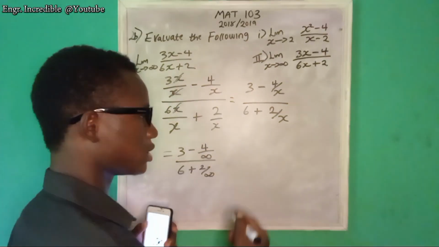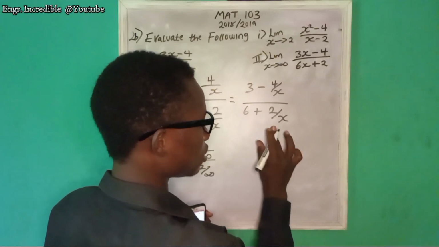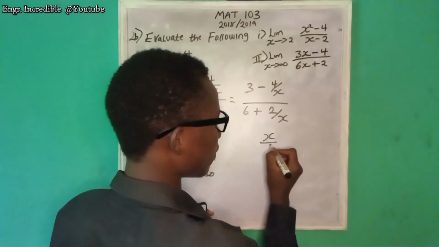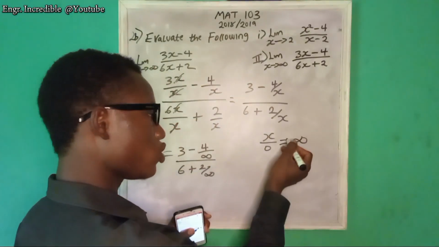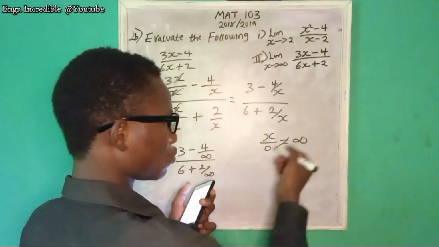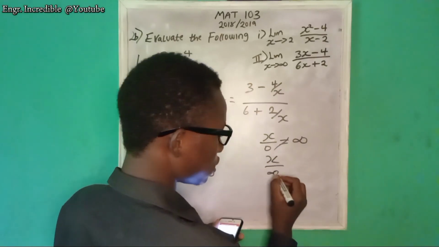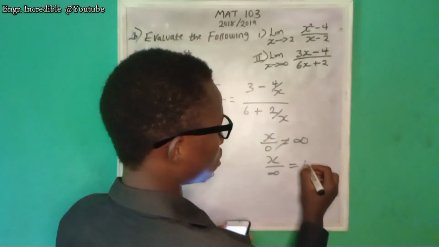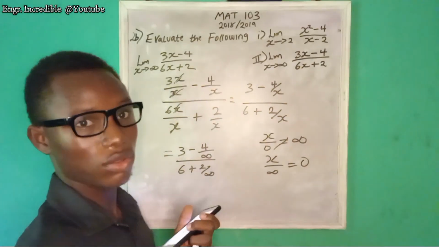How is that defined? When we have anything divided by 0, let me take x for an example, x divided by 0 is equal to infinity. So if we do the one-way crossing, bring this here, bring this here, we have x divided by infinity, and anything divided by infinity equals 0. That is how it was derived.